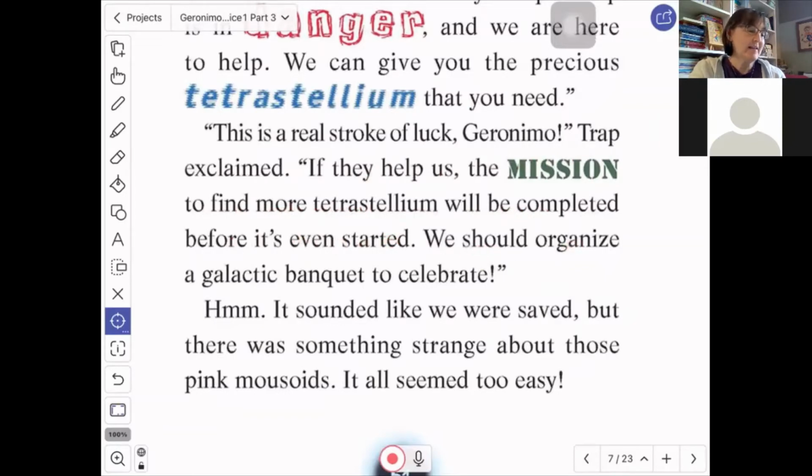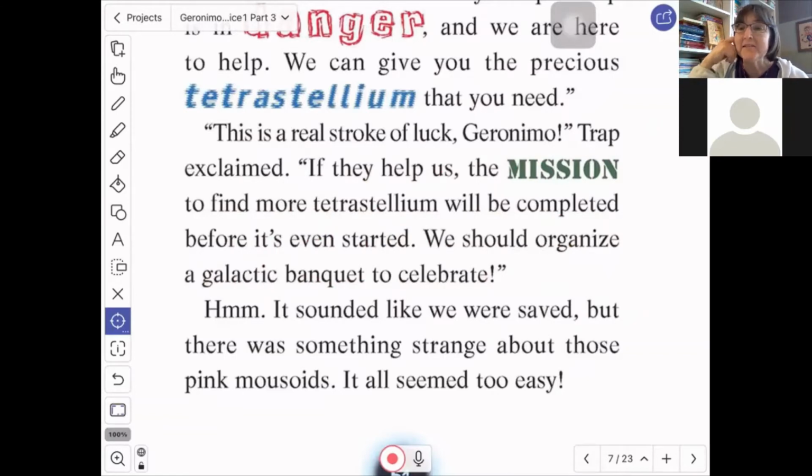"We should organize a galactic banquet to celebrate." Galactic is an adjective that is talking about a galaxy, which is like many solar systems, like the universe. But in this sentence, as an adjective, I think it just means really, really big.